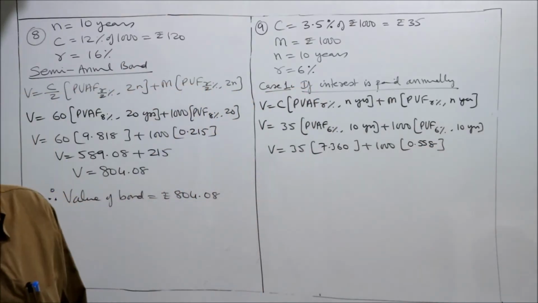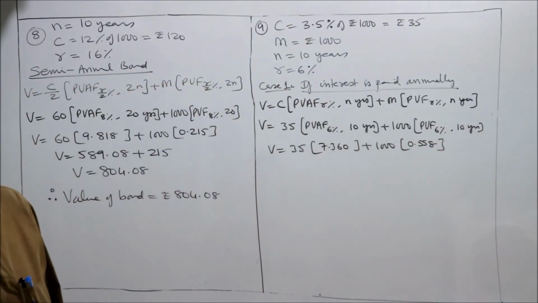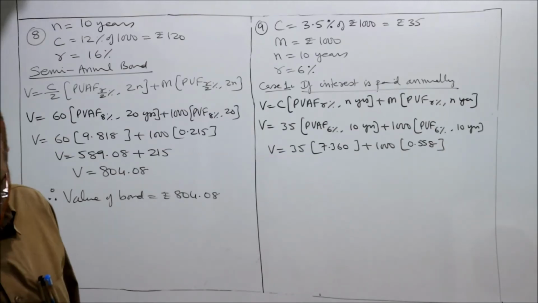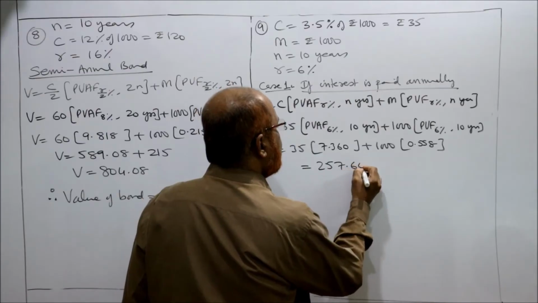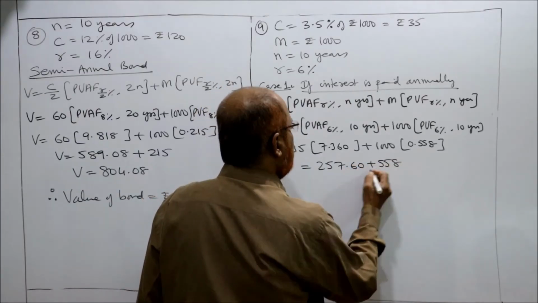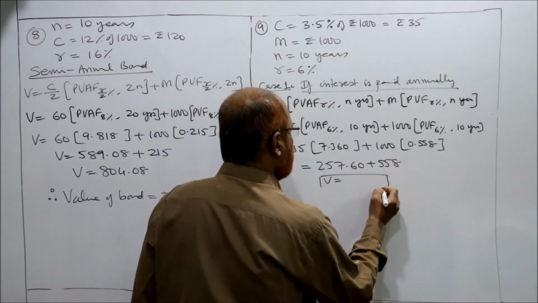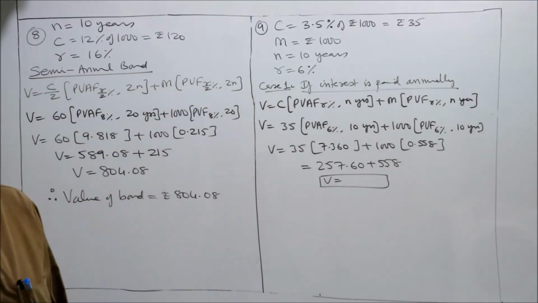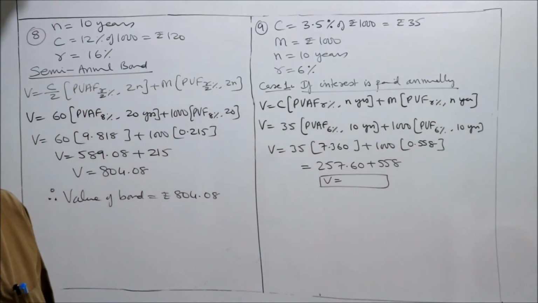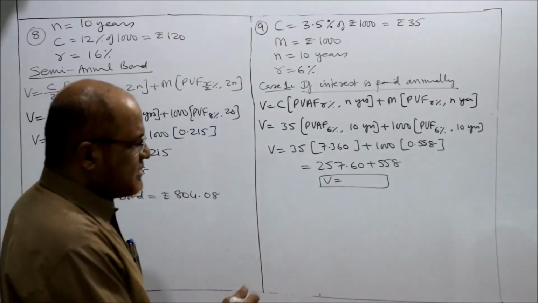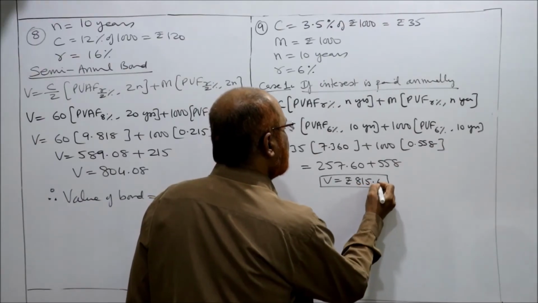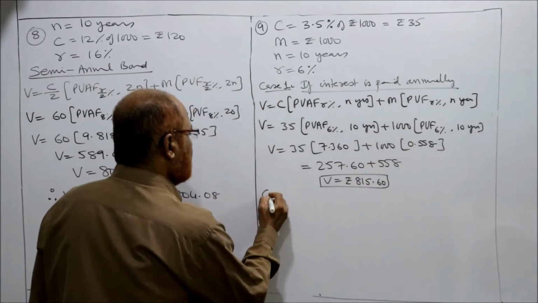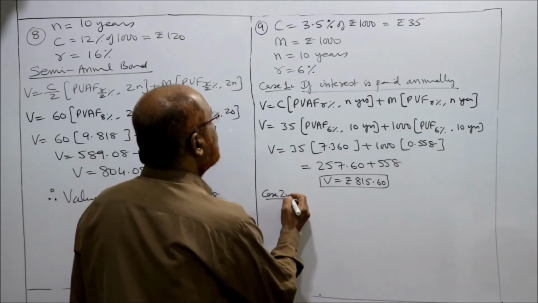So when you multiply 35 into 7.360, 257.6 plus 558, V is equal to 815.60. This is case 1.